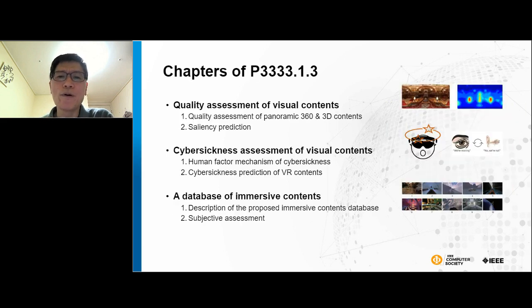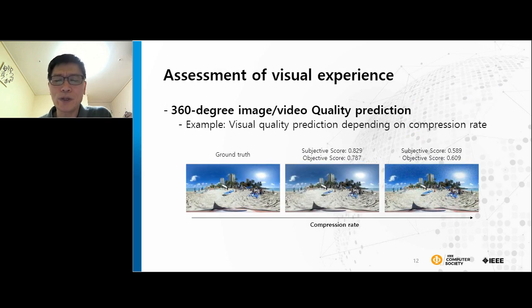Okay, so this is the overview, the contents of our standard. In our standard document, we have quality assessment of visual contents and cybersickness assessment of visual contents, and then database of immersive contents. And in order to assess visual experience, we made an effort to build up a database.